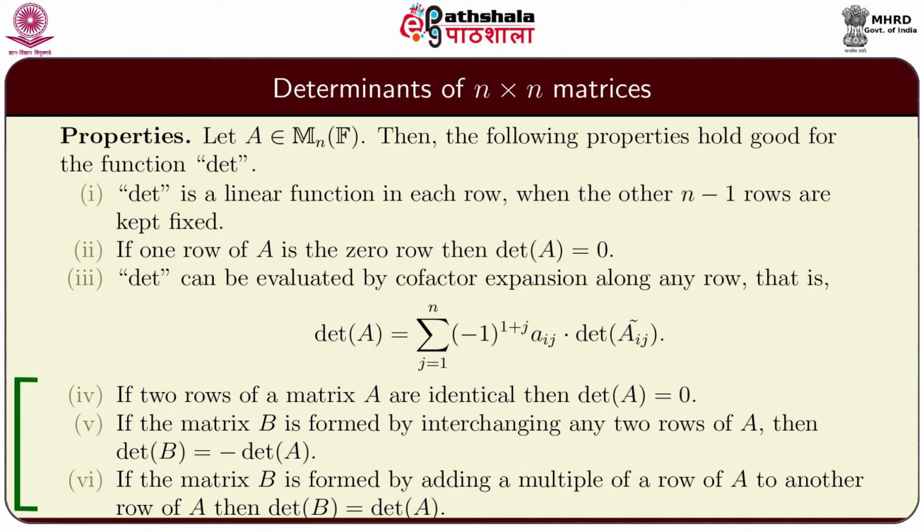But here what should be noted is that this changing sign, or rather getting minus det A, will make sense only if the characteristic of F is not 2. So, to understand it better, we can assume that characteristic of F is 0, so that minus 1 and 1 are different, and then we can indeed say that by interchanging two rows, det changes sign.